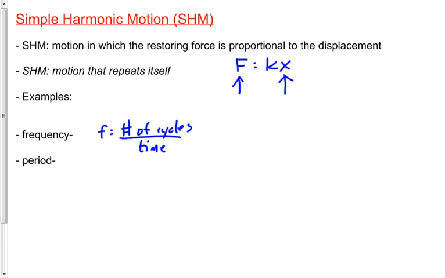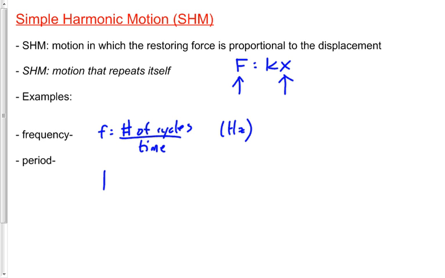We want to measure the period for the time that it goes from position 1 to position 2, and then back to position 1. Frequency is the number of those cycles per unit time. The units would be hertz.